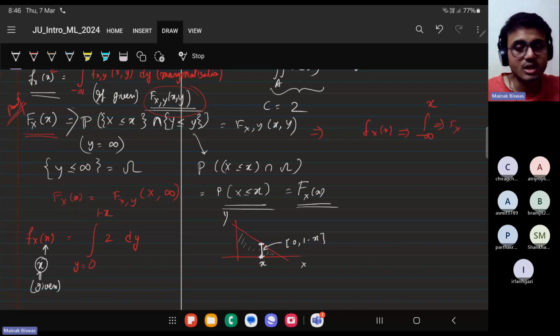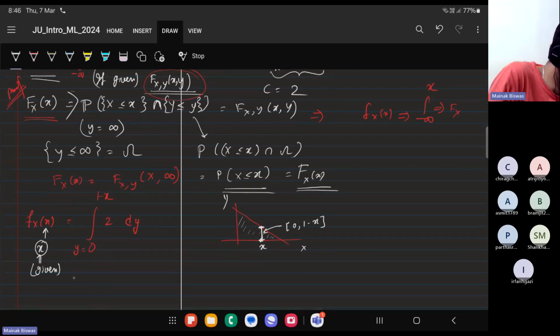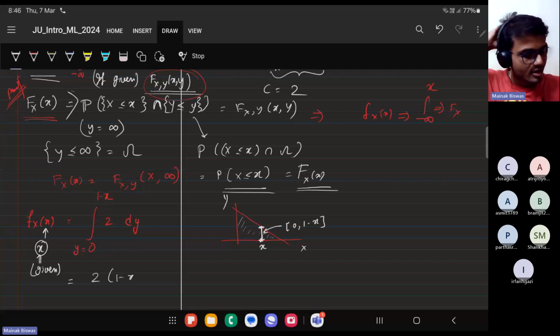So now you understand where dependence comes into the picture: you have to see how the variables are related to one another. You can think of this as obesity and weight, both cannot increase independently, and so on. So 2 into 1 minus x is your marginal. Good.